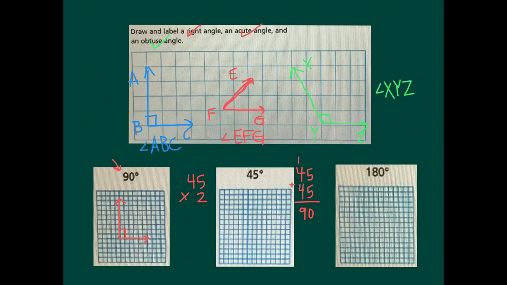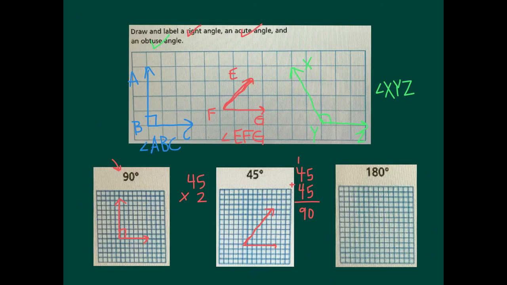So if I imagine here, I'm just going to draw a 90-degree angle first, and then I kind of visualize halfway through that. That would be a 45-degree angle. So now all I have to do is go back and erase my original one that I used for the 90-degree angle, and now I've drawn approximately a 45-degree angle.